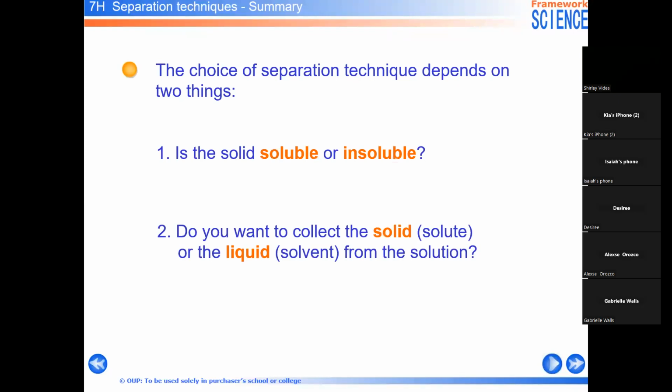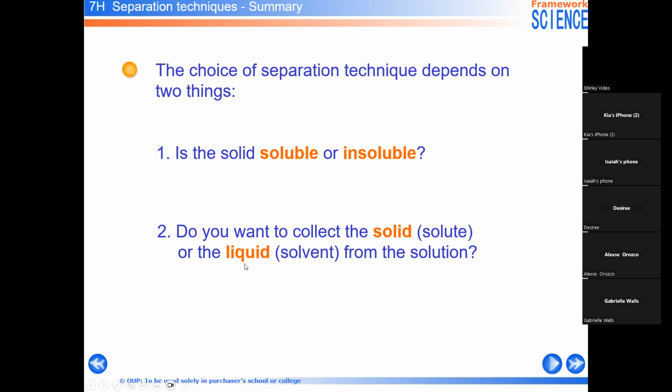So the choice of separation technique depends on two things. Is the solid soluble or insoluble? That's your first thought. If it's insoluble, then you know you can filter it out. If it's soluble, then you're going to have to use chromatography, distillation, or evaporation, depending on what it is.